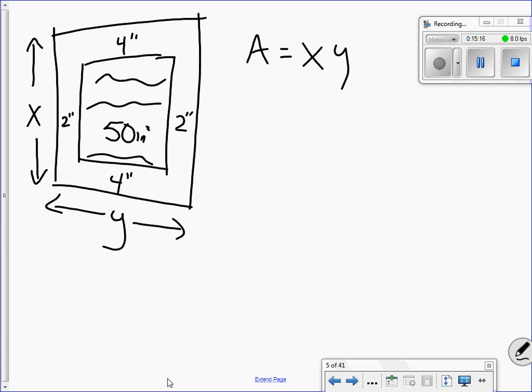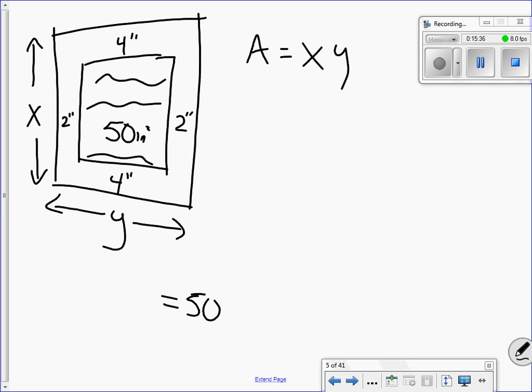What can we use to write a second equation so we can substitute? There's something else we know. What's the number that they gave you out of nowhere that just pops out? The 50. Okay, so let's figure out what equals 50, because that's the area of the printed material.